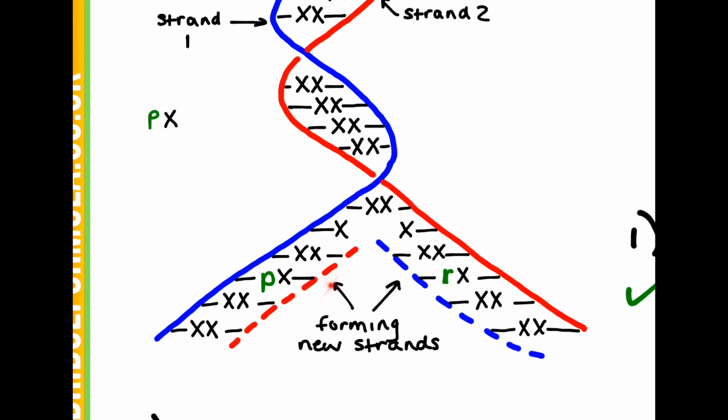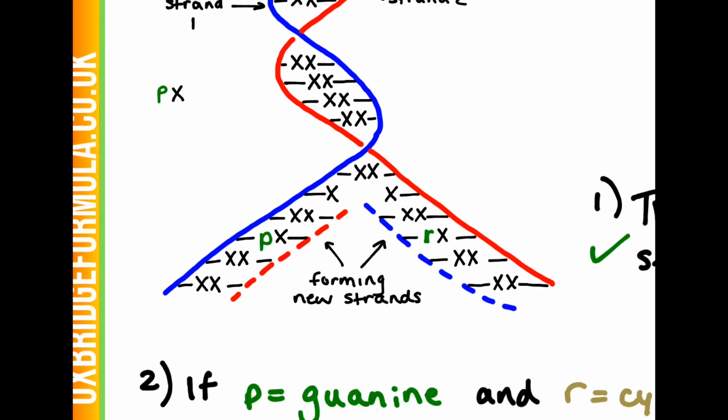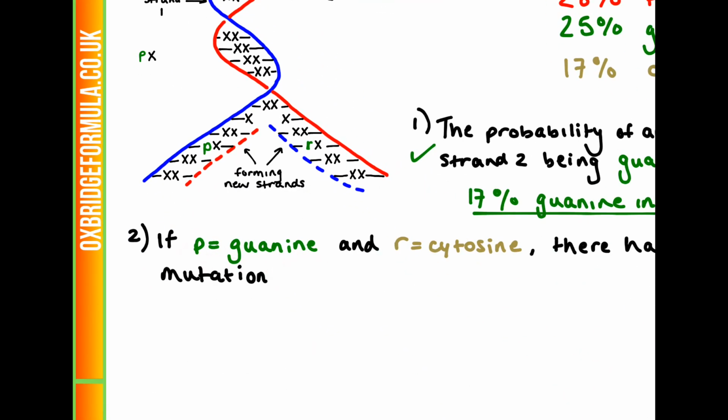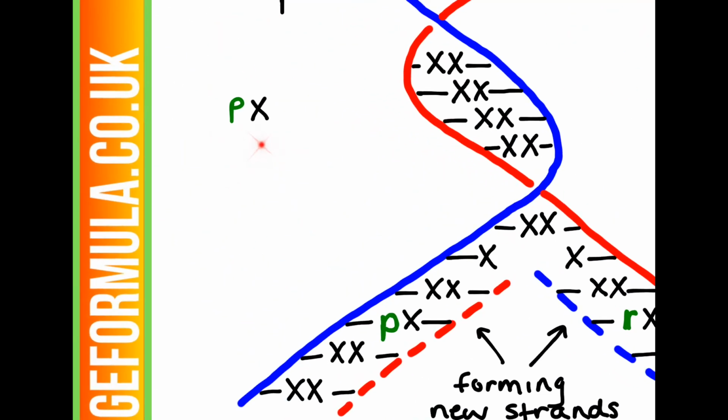So if we imagine that our strands were together, so our blue and our red strand were bonded together, not being copied, we can see that P here, attached to this blue, is going to be bonded to that X in that red. P and X. So in our statement, we said if P equals guanine, our X is going to be cytosine, because they always pair together.